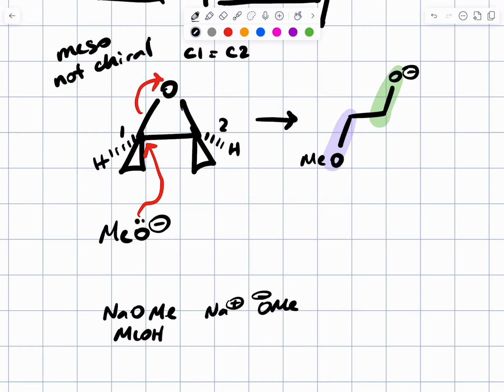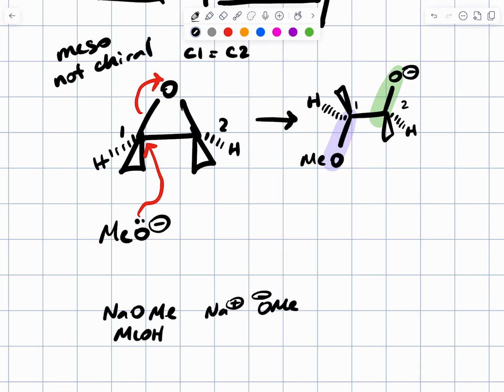Notice that on carbon 2, I don't do anything to the stereochemistry, but on carbon 1, the methyl group, which was a wedge and angled towards the bottom of the page, is now angled towards the top of the page, and the hydrogen, which was a dash and angled towards the bottom of the page, is now still a dash but angled up towards the top of the page.